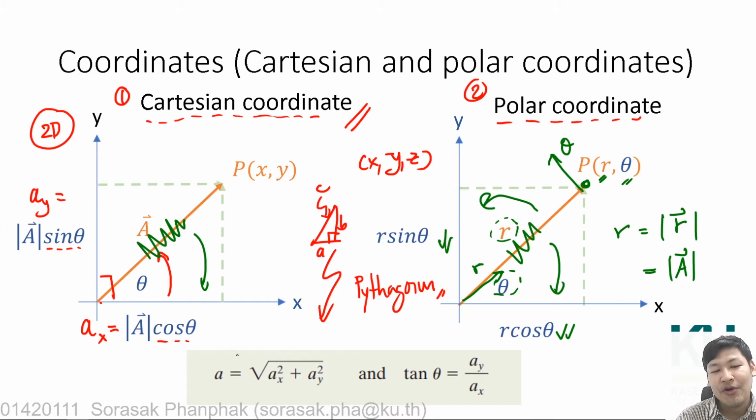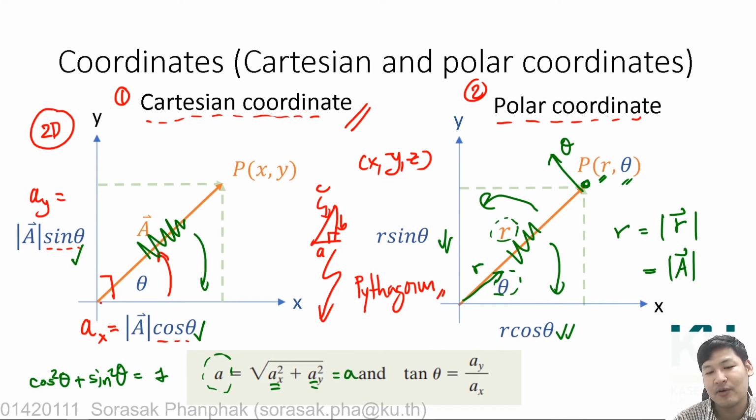If you would like to find the magnitude of that vector, you can have the component on each part, like the ax component squared plus the ay component squared. Since cos squared theta plus sine squared theta is equal to 1, you will have A afterward. And how about tan theta? You can use theta to represent the direction.